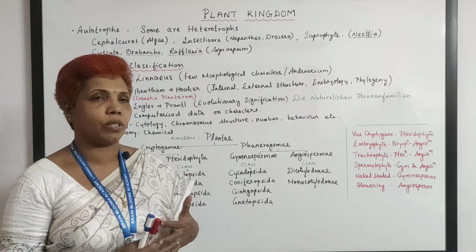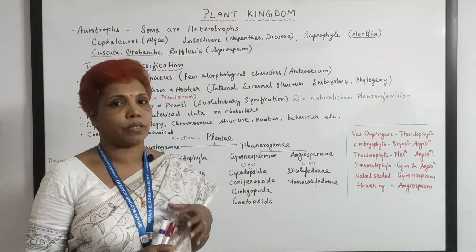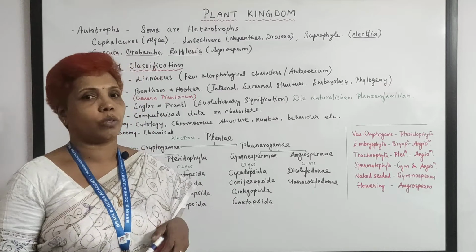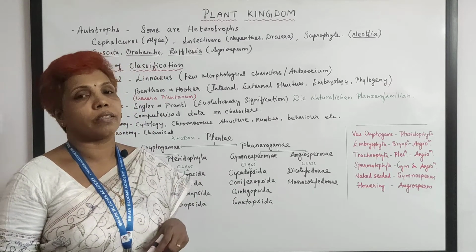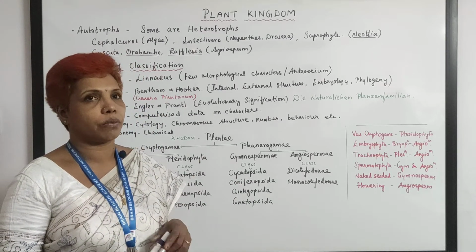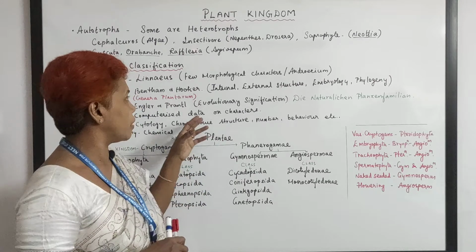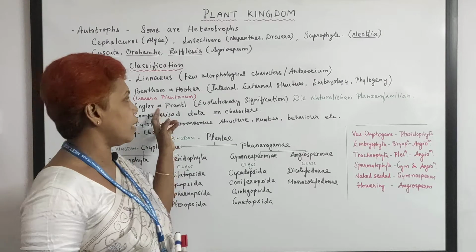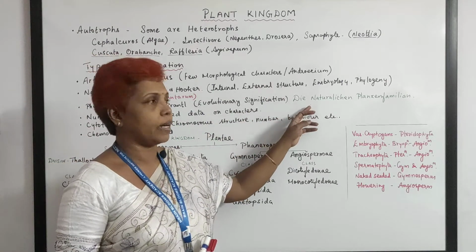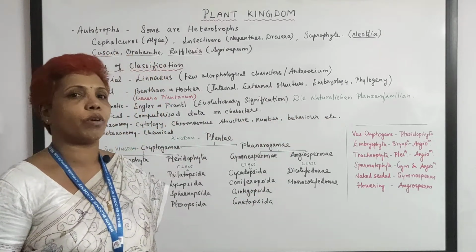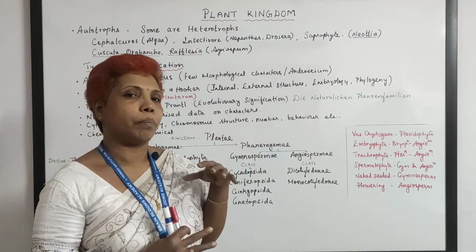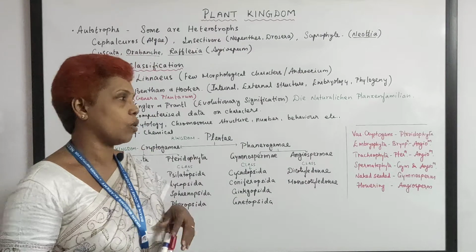And when it comes to the phylogenetic classification, especially by Engler and Prantl, and even Tippo also suggested the phylogeny classification, where only the evolutionary significance has been given complete importance. And Engler and Prantl wrote a book, Die Natürlichen Pflanzenfamilien, where he mentioned the interrelationship between all the plants, whatever he has come across.